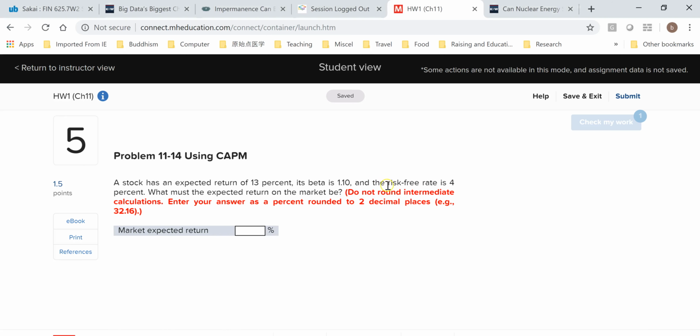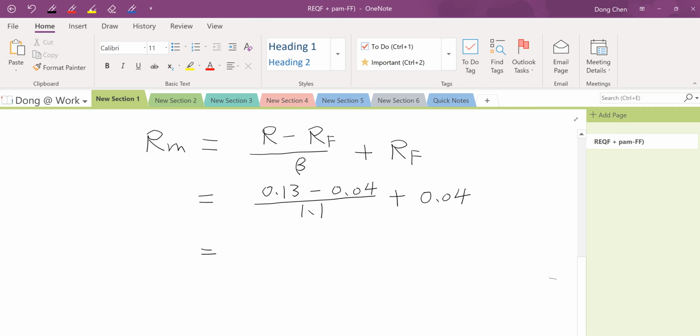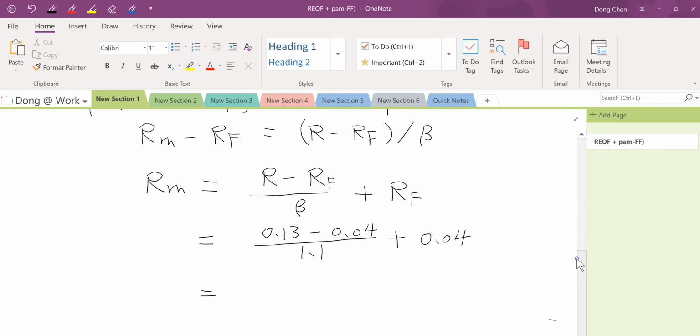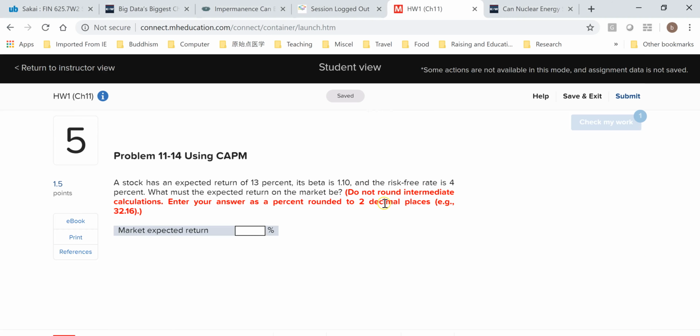The rounding requirement: do not round intermediate calculations, and that's why when I wrote down this expression, I didn't use the numbers. Only at the final step, after I expressed R_M in terms of all other inputs, did I input the numbers. Hence, I followed the rounding requirement. Do not round intermediate calculations. Enter your answer as a percent rounded to 2 decimal places.